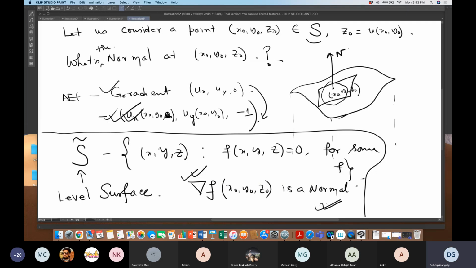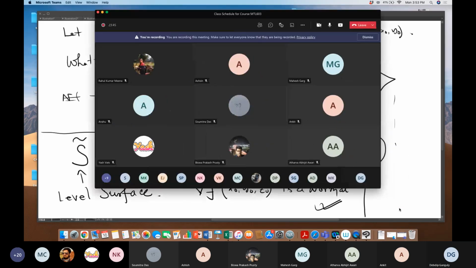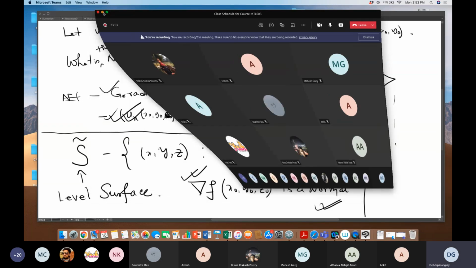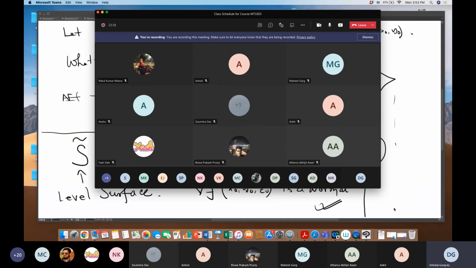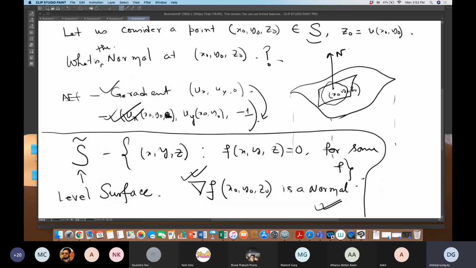Yes or no? Please, I request you to tell me. You want me to prove this, that for a level surface the gradient of f is a normal? So we can try. Okay, you try. Okay, so once this is known, you know.